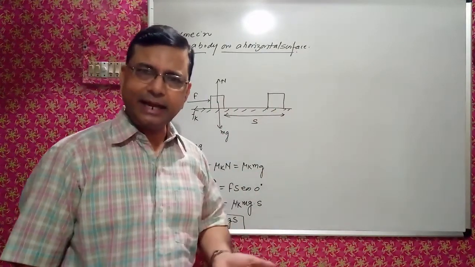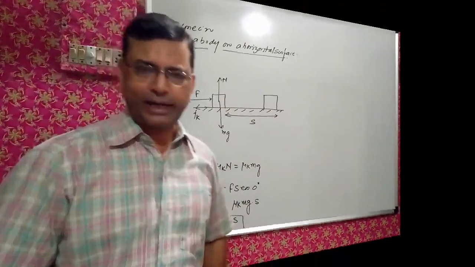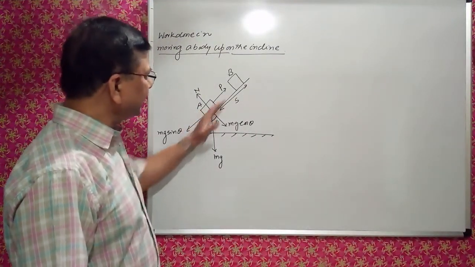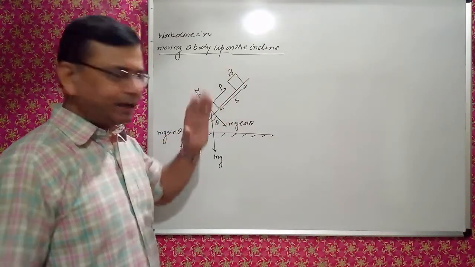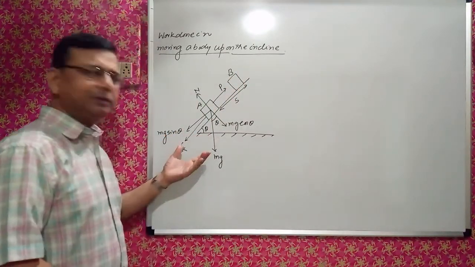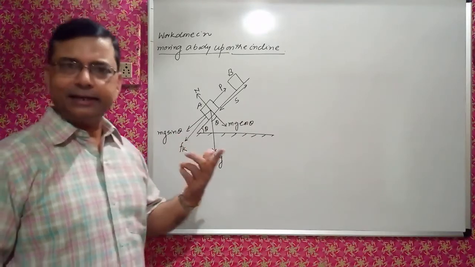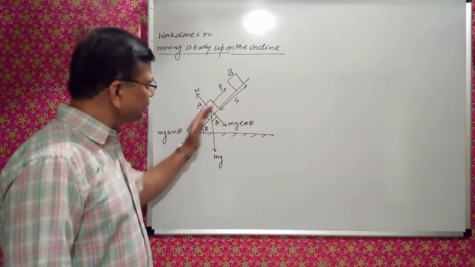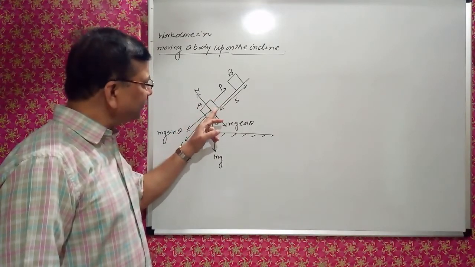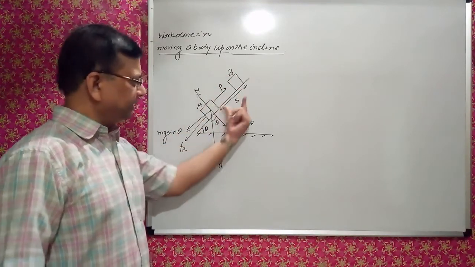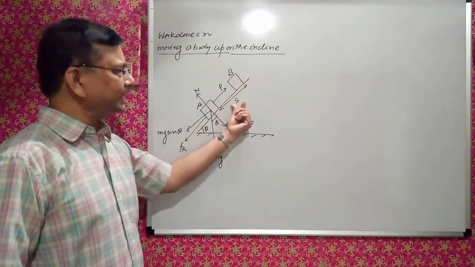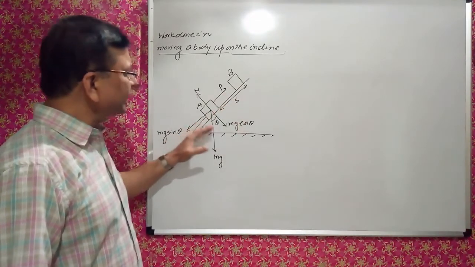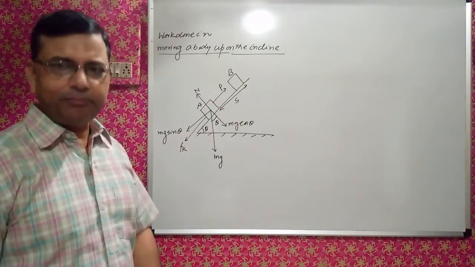If the surface is inclined, then what will the work done be? We will look at it. See, this is another case. When the object is on an inclined plane with coefficient of static friction mu s and kinetic friction mu k, a certain force P is applied on this and it is moved from A to B, with displacement along the incline S. So how much work is done by this force P?